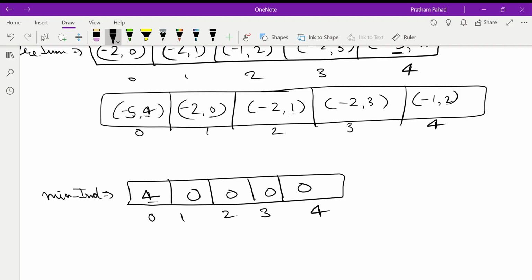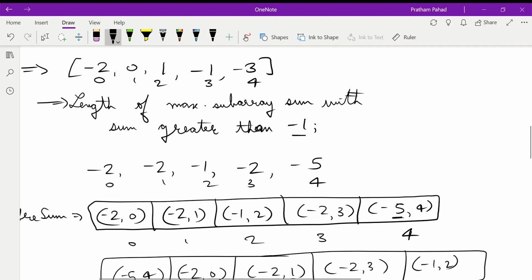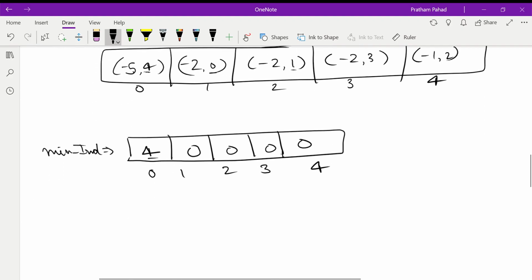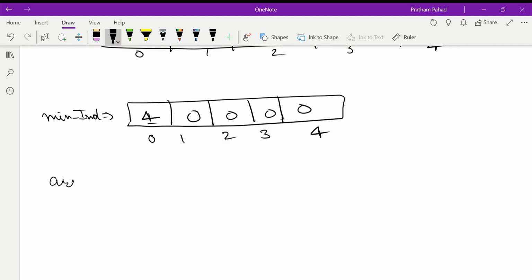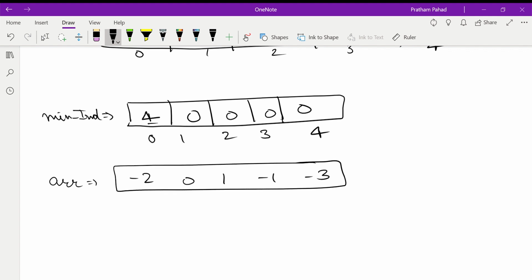Now we'll start iterating and add the array again. Our array was -2, 0, 1, -1, and -3. 0, 1, 2, 3, and 4. So again sum is 0.